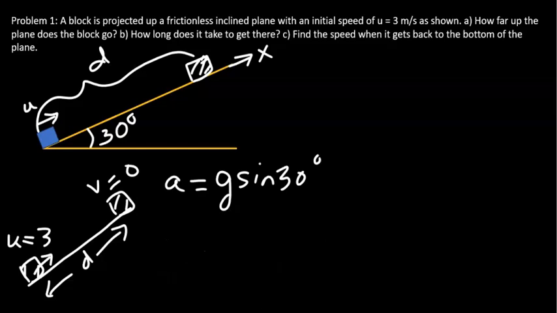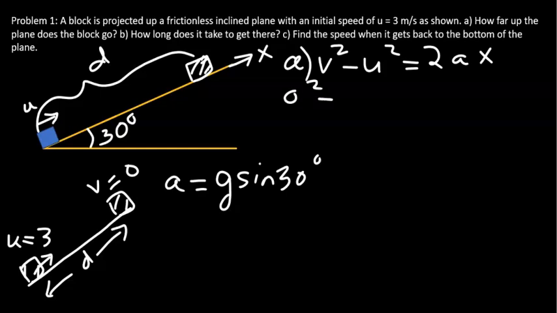Now we can use kinematics to answer part A. From one of the equations of kinematics, which says the final speed squared minus the initial speed squared equals 2 times acceleration times the distance traveled. We know the final speed is 0. The initial speed is 3, so square that, equals 2.